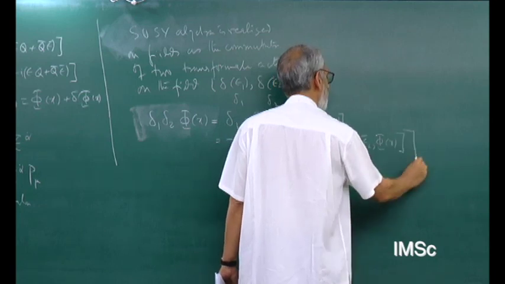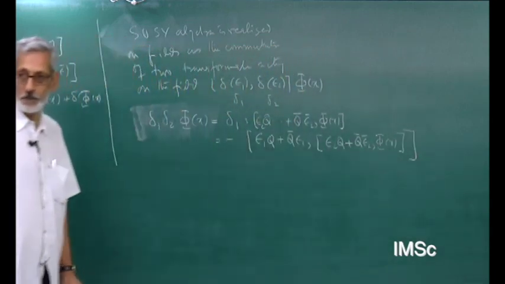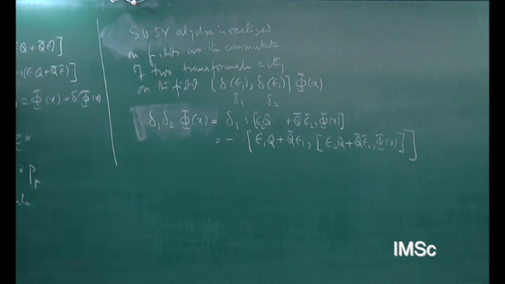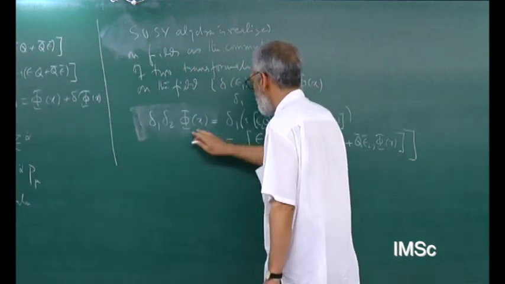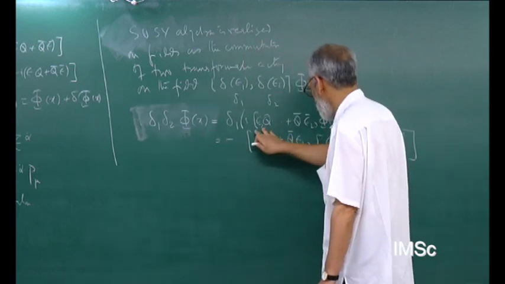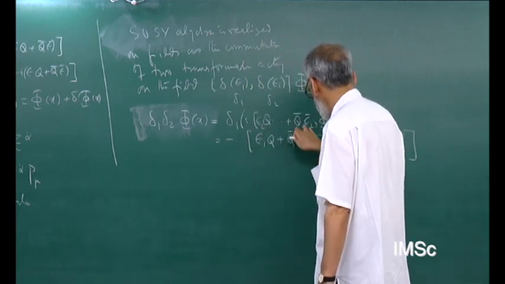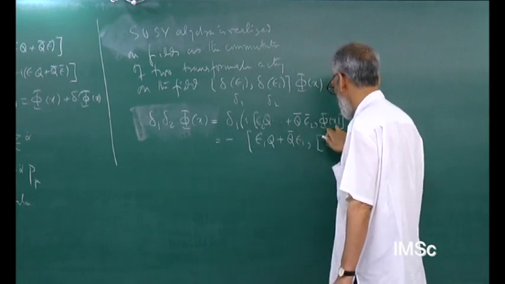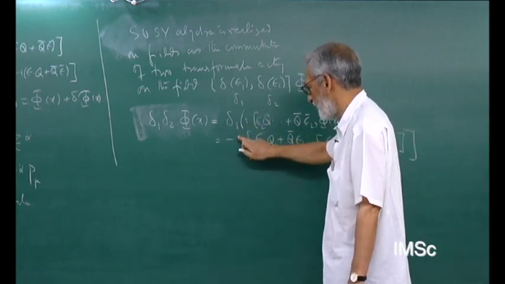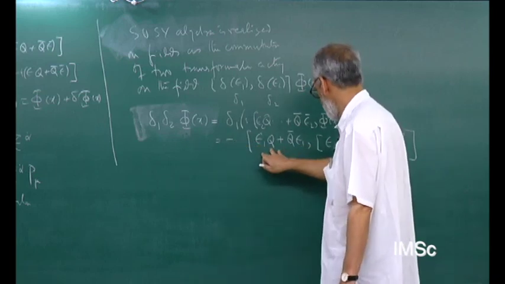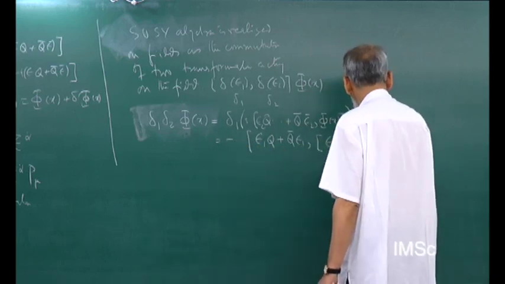This commutator and this commutator. So delta 2 on this is the commutator of epsilon 2 Q plus Q bar epsilon 2 bar with phi. Then make this second one delta 1, that gives me another i, so that's minus. So this object commutator of this commutator.